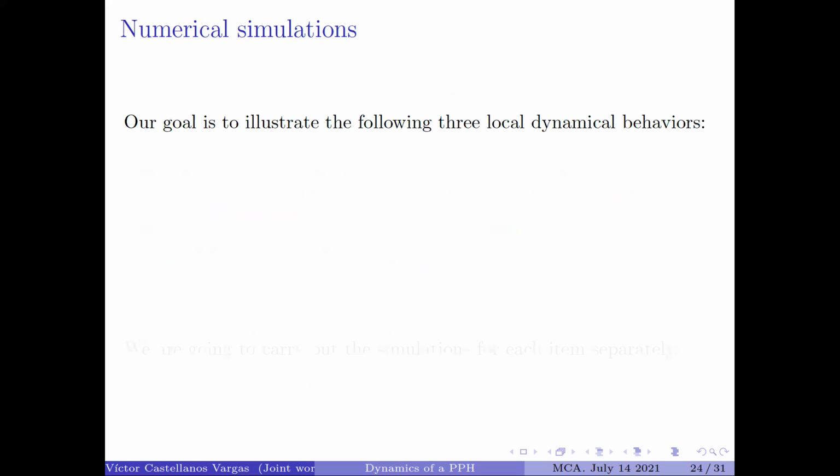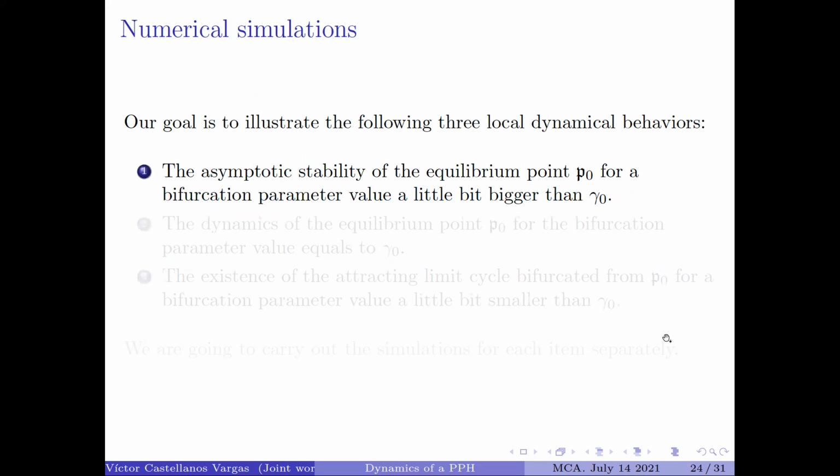Okay. Our goal is to illustrate the following three local dynamical behaviors. First, the asymptotic stability of the equilibrium point P0 for a bifurcation parameter value a little bit bigger than gamma 0.